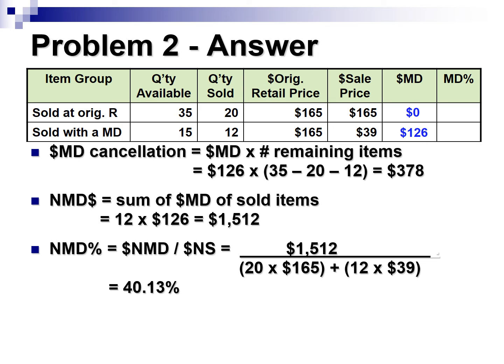Combine them all together, that gives us the net sales from this entire merchandise group. So 1512, which is the net markdown, divided by the net sales we just calculated, and that would be 40.13% net markdown. Alright, so it was a little bit complex, but we were able to solve the problem.